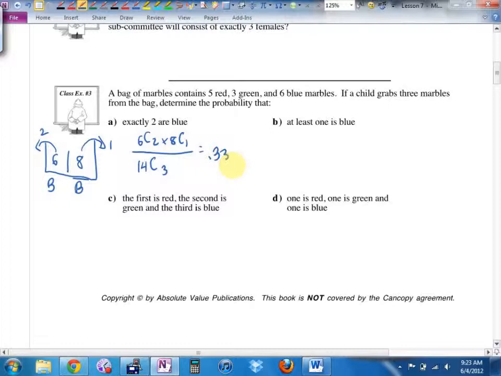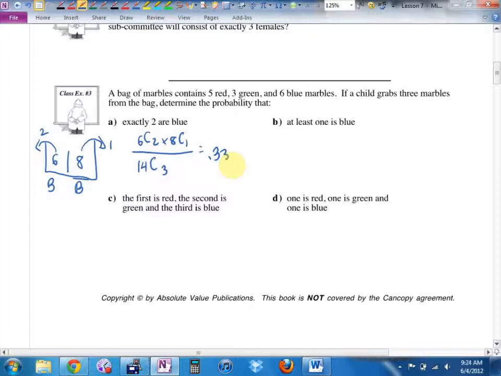Can you read B to me? At least 1, what does that mean? 1 or 2 or 3. What does or mean? Or I could do this: 1 minus the opposite of this question. What's the opposite of 1 or 2 or 3? None.